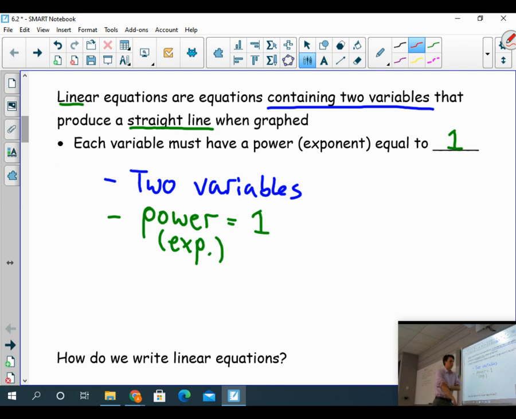I'm going to write up here 4 to 5 linear or potentially linear equations. I want you to identify to yourself which are linear equations and which are not.